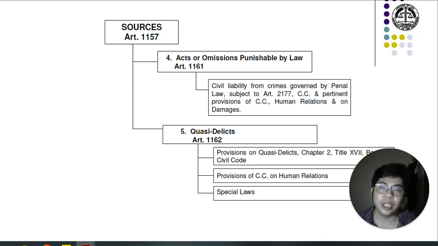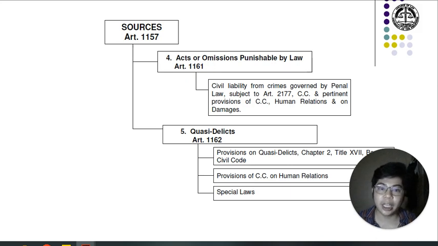What are the examples of obligations arising from law? First, we have Article 36 of the Family Code on psychological incapacity.